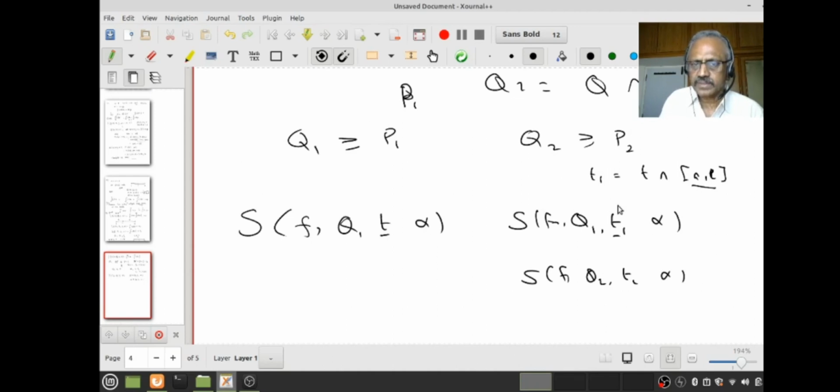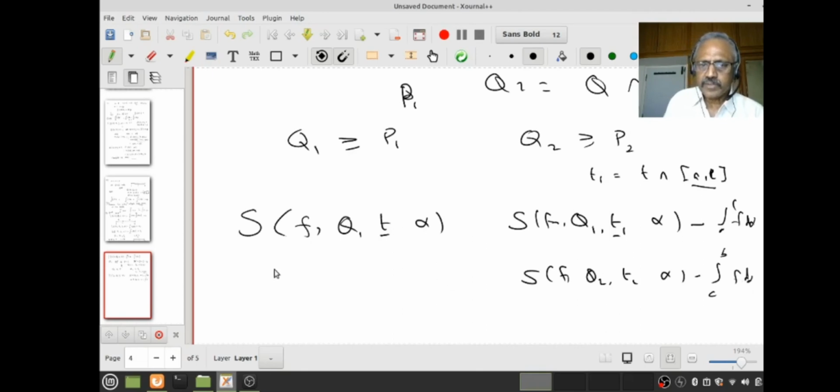And similarly the other one. Okay, so you know what is T1 and T2, right? Now Q1 is finer than P1, Q2 is finer than P2. Therefore what do I know is this, the integral from A to C of f d alpha, the difference will be small, and the integral from C to B of f d alpha, this will also be small, right?